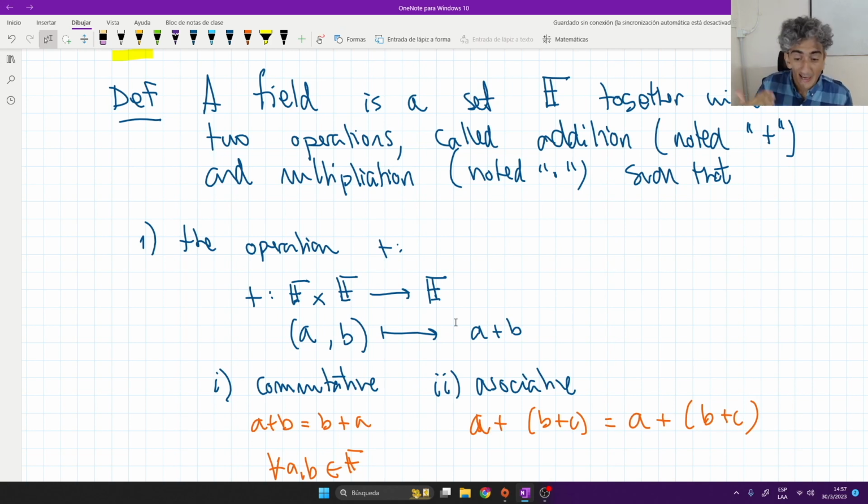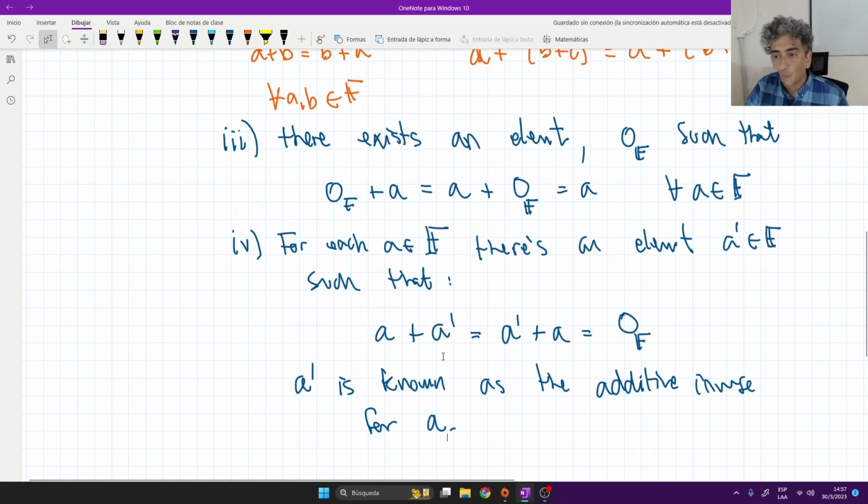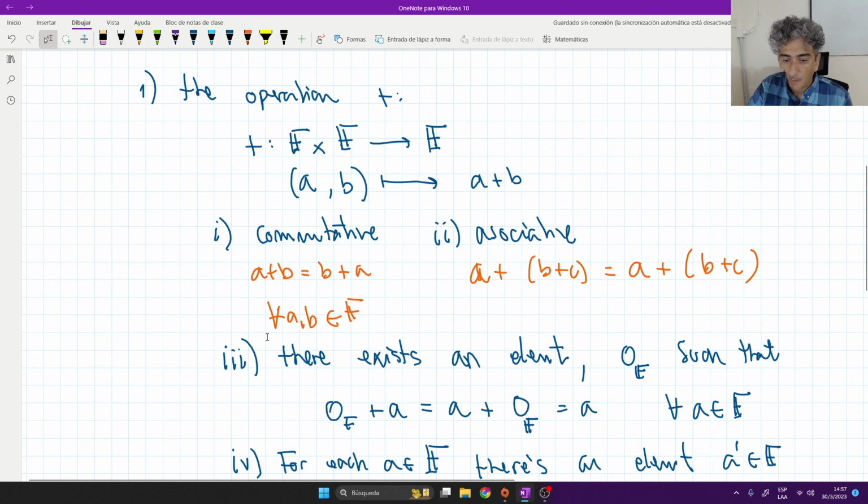So we are relying on the same symbol just to fix ourselves to the idea that adding elements of a field is just like adding numbers, even if they are not numbers, okay? It's like a reminder that this operation works just as we know addition works, right? So these four axioms define addition on F.